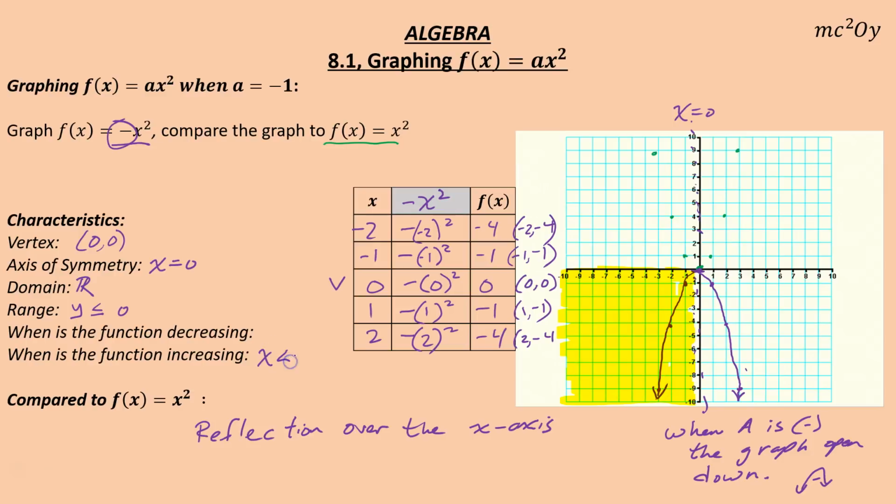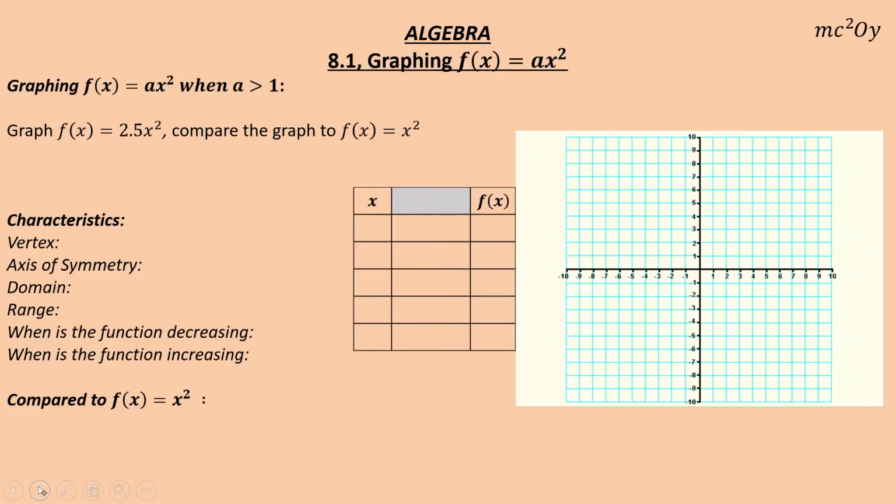So when x is less than 0, my function is increasing over here. It's decreasing over here, and that's when x is bigger than 0. Okay, so it kind of flipped around there. All right, so one rule we just figured out there. That's one thing A does. All right, let's take a look at another one.